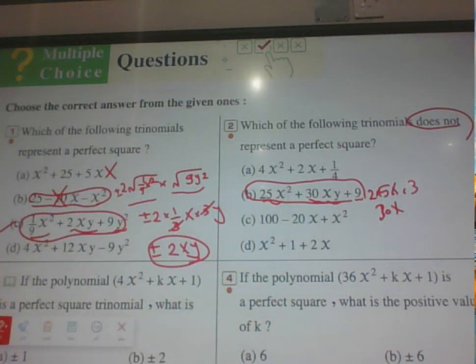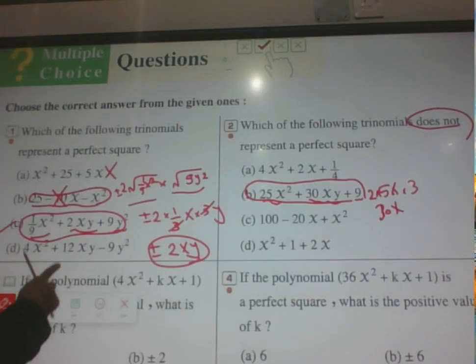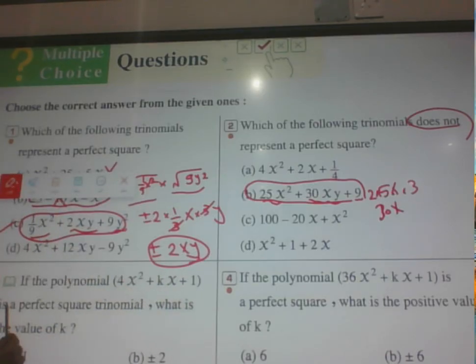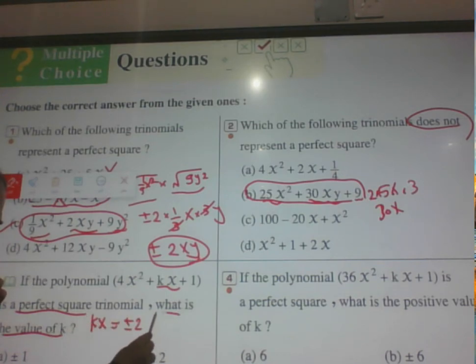Next question, number 3. If the polynomial 4x power 2 plus kx plus 1 is a perfect square, what is the value of k? K here lies in the middle. We can write kx equals positive or negative 2 times the square root of the first, 4x power 2, times the square root of the third.